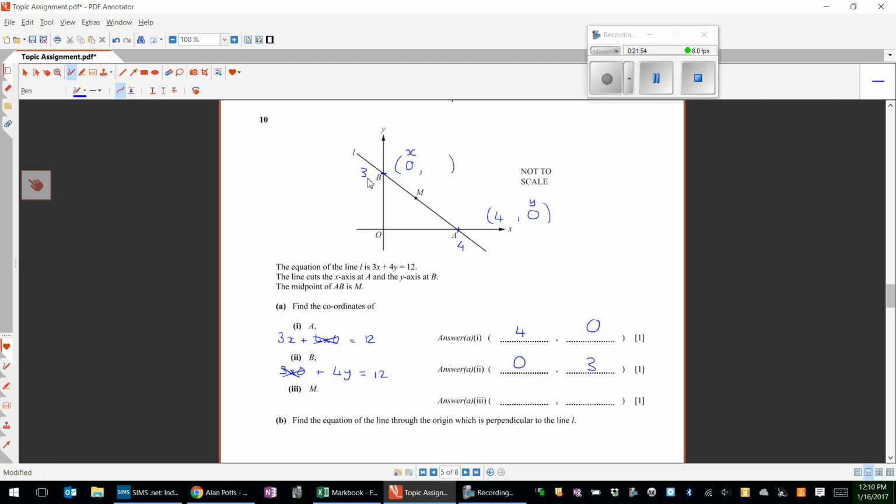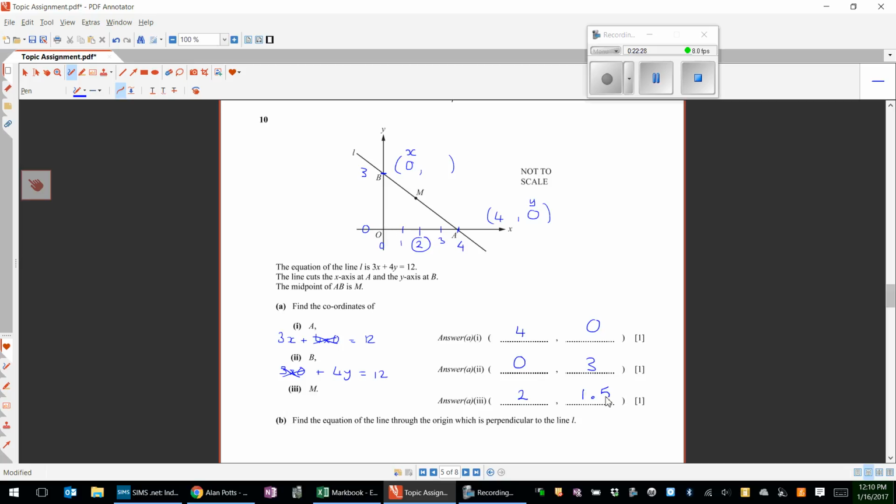Alright, M. Remember, M is just the midpoint. So I've written it on here. So I've got 0 to 4. The middle of 0 to 4 is 2. So I've got 2. And just check, I've got 1 and 3. Yeah, that makes sense. So 2 there. And this one, 0 and 3 is 1.5.